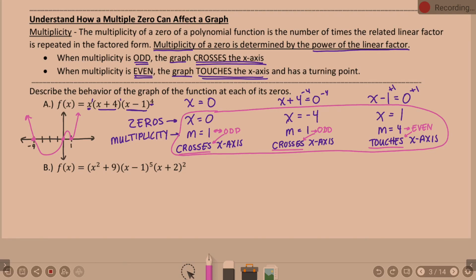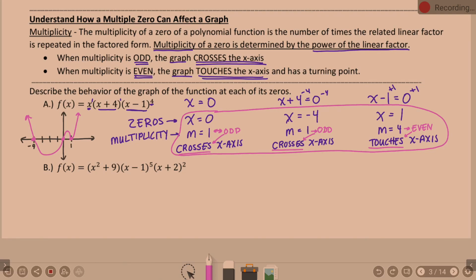Okay? Now, I could set up a number line. We're not going to, but we could set up a number line like what we did on Friday, and we could test each section. You'd come up with a positive, negative, positive, positive. You'd have two positive sections in a row. We could also talk in behavior.